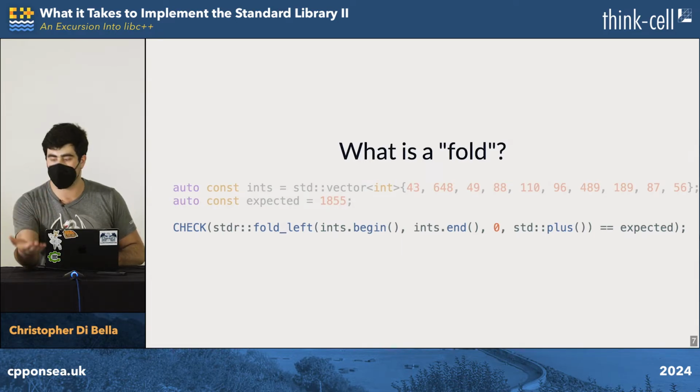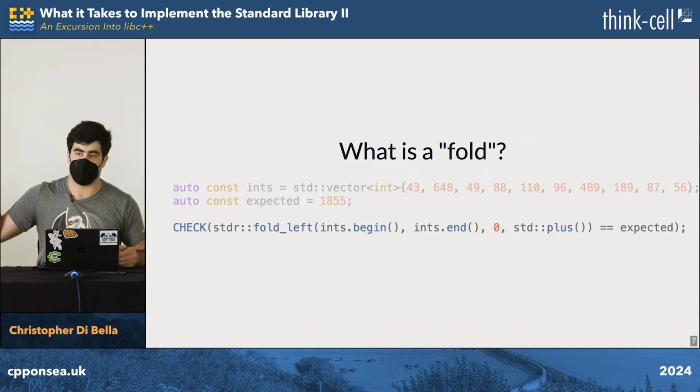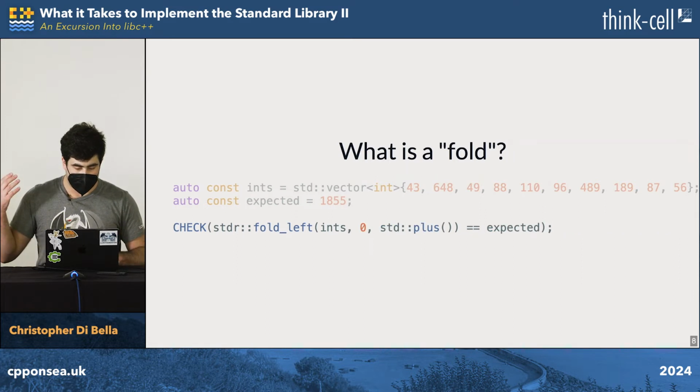But fold_left will also take into account the fact that if the result of the plus operation is different from the value that you pass in at the start, it will change the type to match that. And there's also a range-based overload.